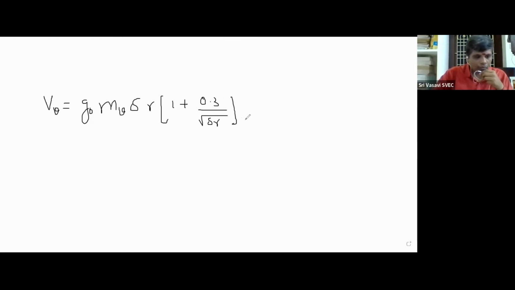And one more voltage is called the visual critical voltage. It is given as G naught M V delta R into 1 plus 0.3 by square root of delta into R, into ln d by R. That means this is the voltage at which you can visualize the corona.